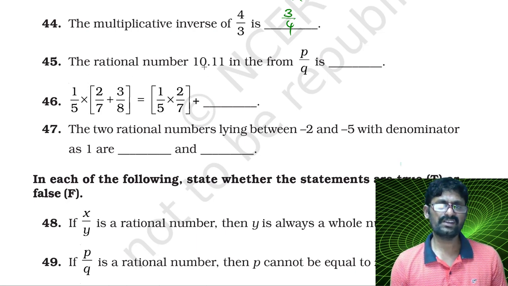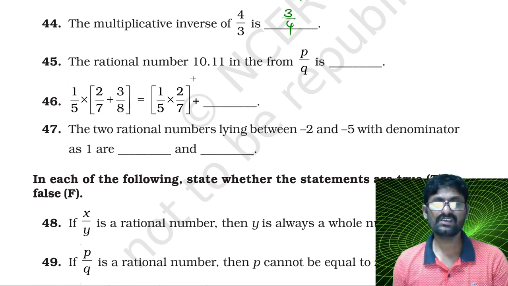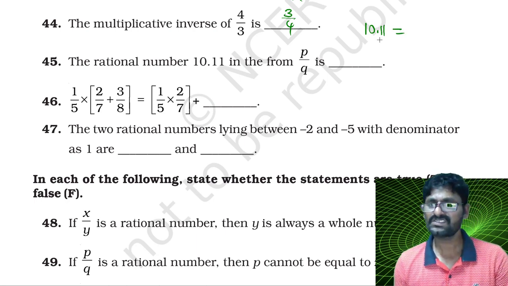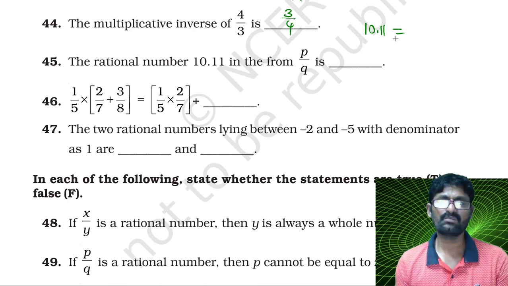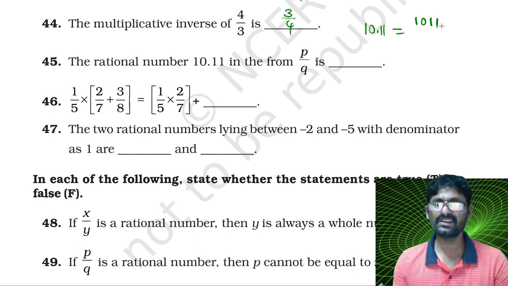The rational number 10.11 in the form P by Q is. Now how to convert decimals into fractions? Here we have 10.11. See how I am converting this. First, simply ignore this point, then write the entire number. That means 1011. So ignore the decimal point and write the entire number.